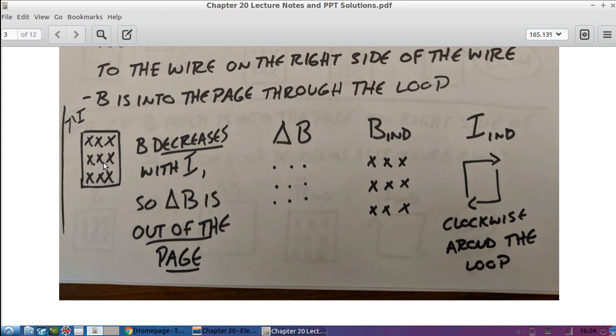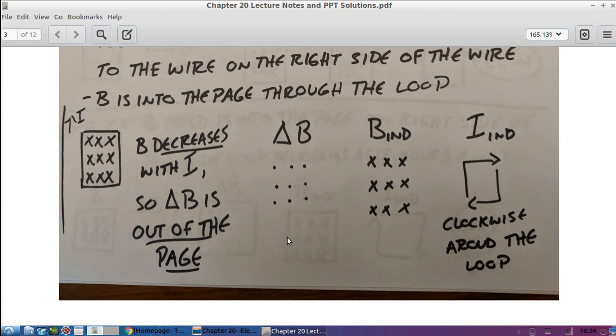B final is still into the page, but it's really, really weak. So the magnetic field is getting weaker, which means it's changing in the positive Z direction. The change in the magnetic field is out of the page.